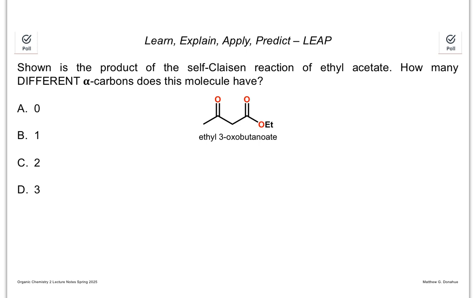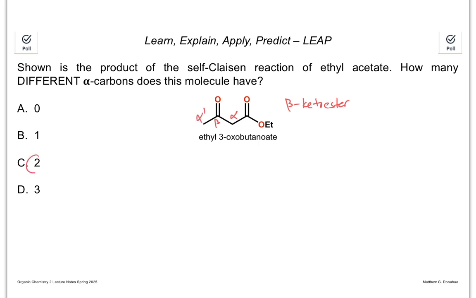So looking at this, I would say this is a beta keto ester. Looking at a beta keto ester, you should be able to determine what esters it's coming from. Because again, it goes through the nucleophilic acyl substitution. So how many different alpha carbons does this have?